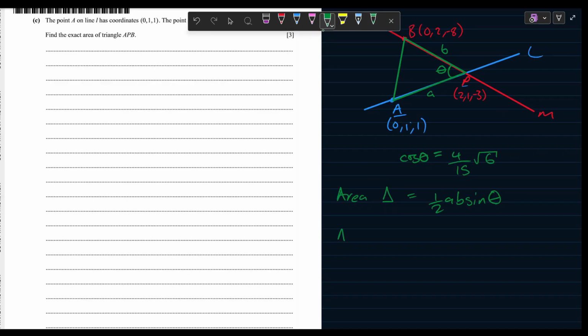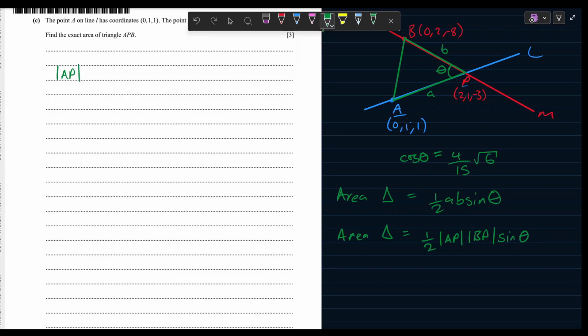So that means this area would be half of the magnitude of the distance from A to P multiplied by the magnitude of the distance from B, which we're saying is B to P. So BP, and of course our sine theta. So we need to find the magnitude of A to P.